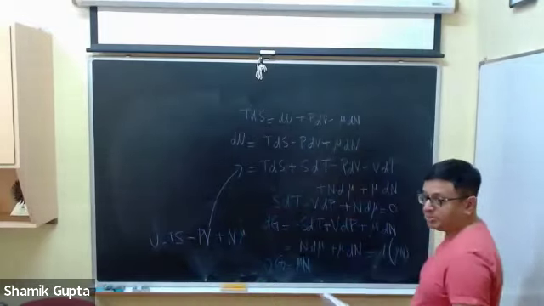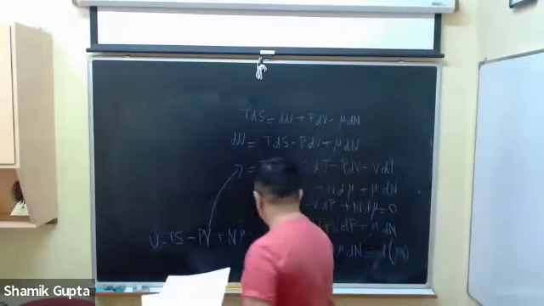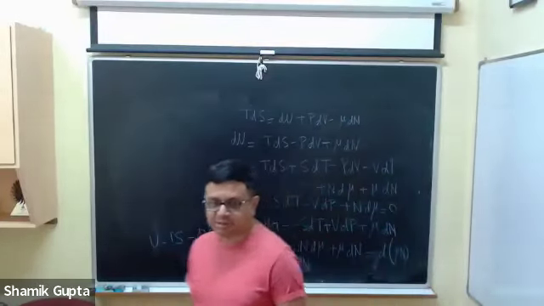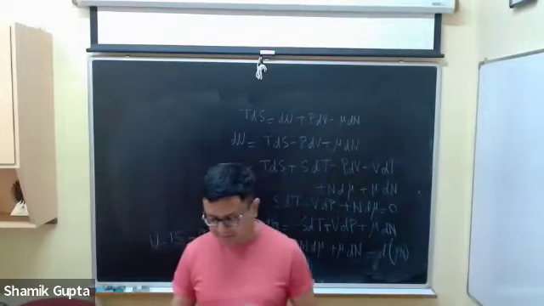So this is an important relationship. It says that the Gibbs free energy is nothing but the chemical potential multiplied by the total number of particles in the system.